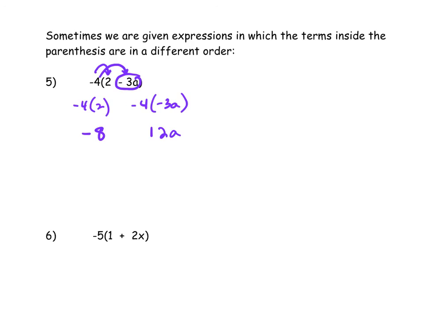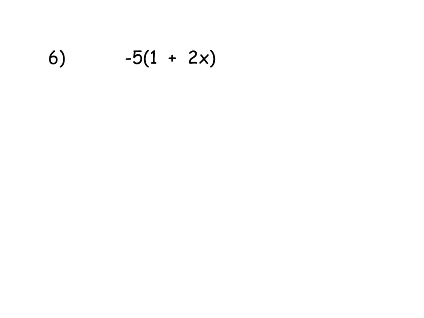And since that's a positive 12a, we could write that plus sign, that positive sign in between. So even though this looks different, we're used to seeing the variable term on this side and the constant term on this side, this is acceptable to write it this way.